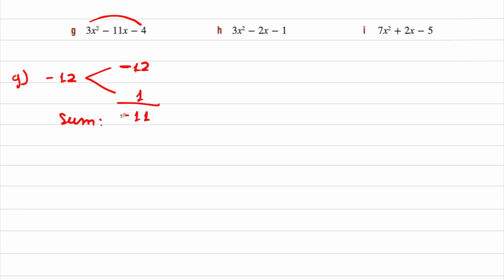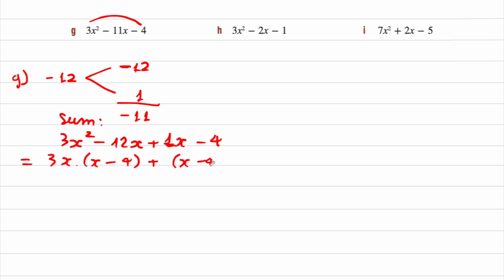And then I will have 3x squared minus 12x plus 1x minus 4. Take 3x outside, you got x minus 4, plus x minus 4 here, and 1 will be outside. Take x minus 4 as the new common factor, 3x plus 1. Yeah, that is question G.